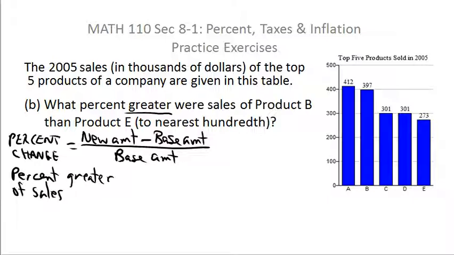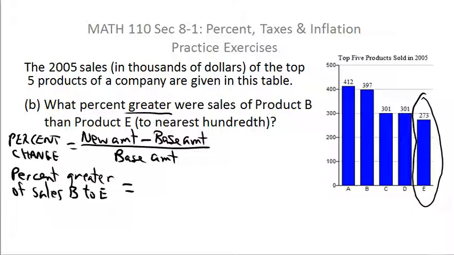of sales, well, of what? Of B as compared to E. Of B to E. That's going to be the base amount, what we're comparing it to.